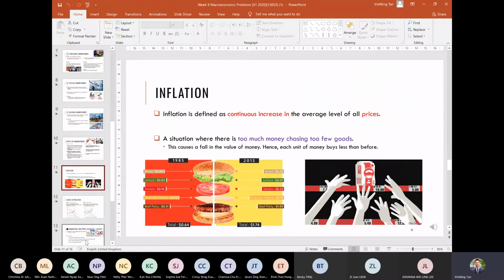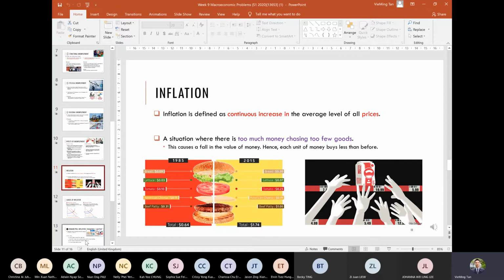Okay, then the third macroeconomic problem that we have gone through will be inflation. Inflation happens when the average prices of all of the products are generally and continuously increasing. So what is the main problem with inflation?